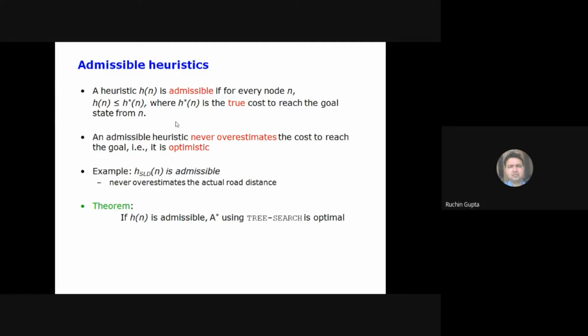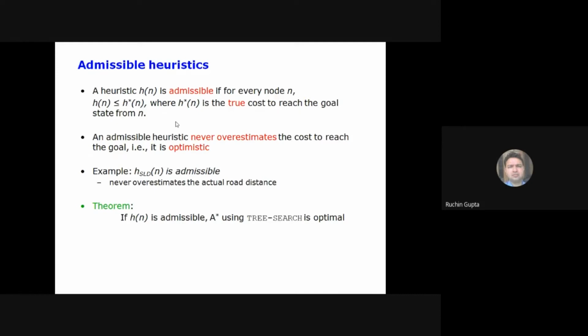So what does it mean? We have seen that in the previous example, we have used the heuristic h(n), which is the straight line distance between the two cities. Now if I take the actual distance between the two cities by using roads or some other way, you know that the straight line distance will always be less than the actual distance between the two cities.